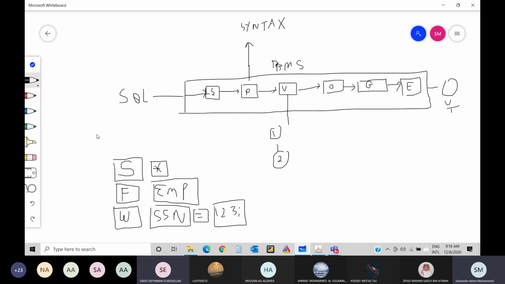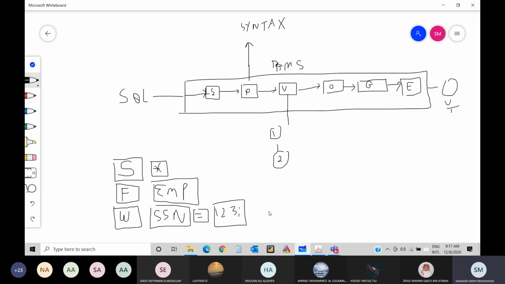Doctor, how will he check if the user has the privilege to access this table or not? Very good. We didn't talk about this topic because it's a DBA job, but I'll tell you what he will do. When you install the database, there is no table for you because you didn't create any tables.